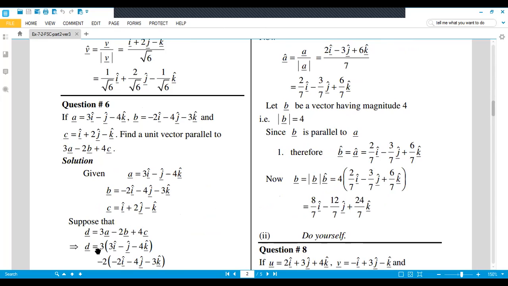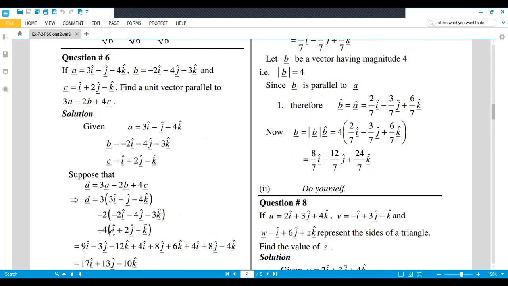So D is 3 times, in place of A you put the value of A, and minus 2 times, in place of B you put the value of B, plus 4C, in place of C you put the value of C. Then you multiply 3 inside the brackets, you get 3 times 3 is 9, minus 3j, minus 12k.